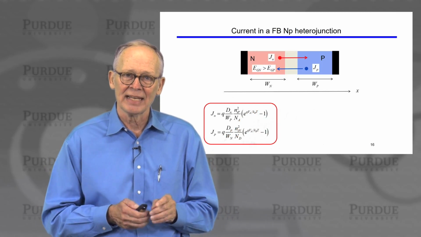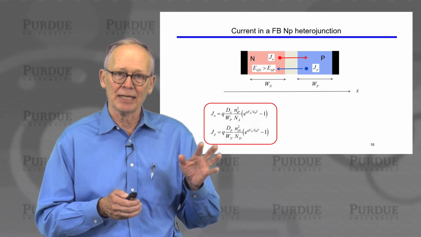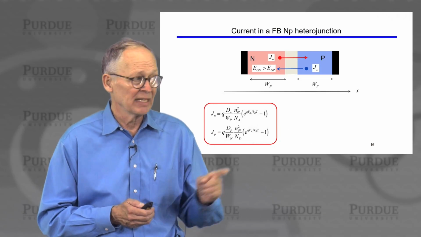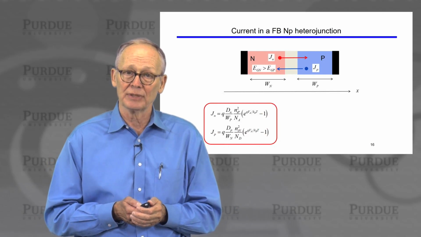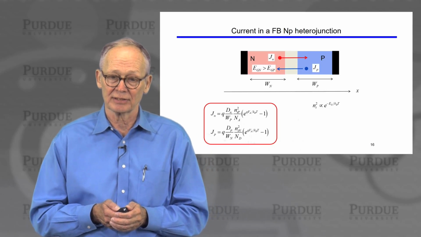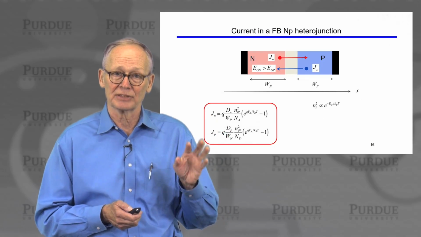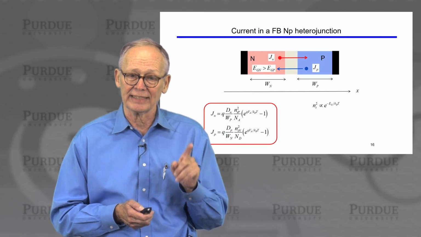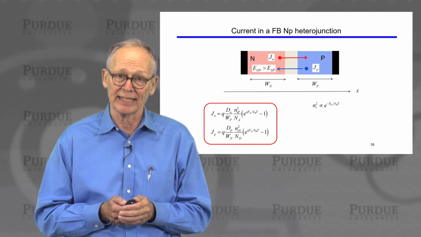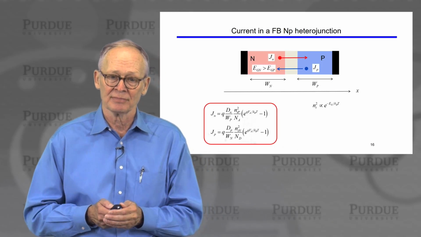For the homojunction, n_i squared was the same on both sides of the junction. In this case, we have two different intrinsic carrier concentrations. Because you'll recall that the intrinsic carrier concentration squared is proportional to e to the minus band gap over kT, and we have two different band gaps.